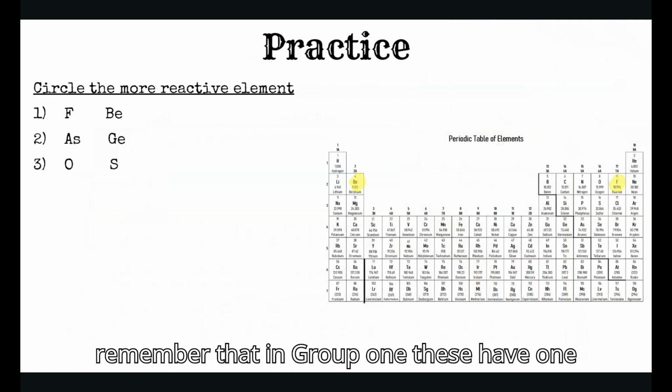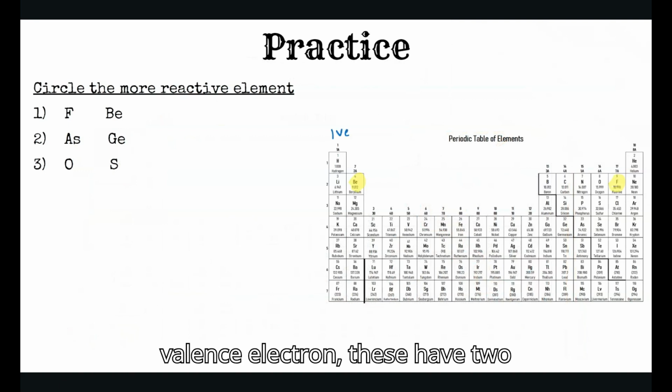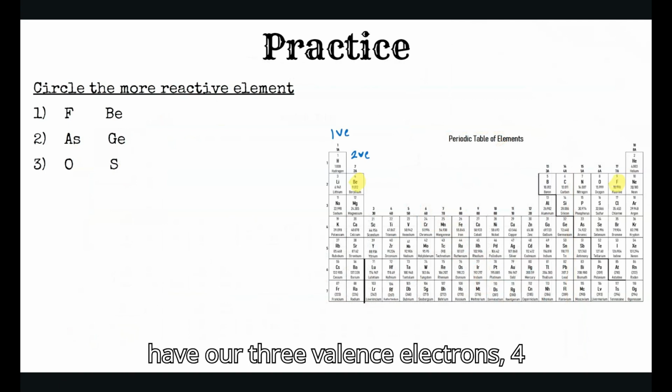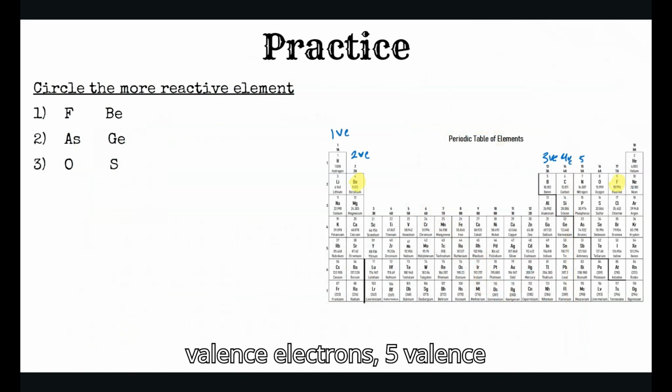So remember that in group one, these have one valence electron. These have two valence electrons. We have our three valence electrons, four valence electrons, five valence electrons, six valence electrons, seven valence electrons, and eight valence electrons.